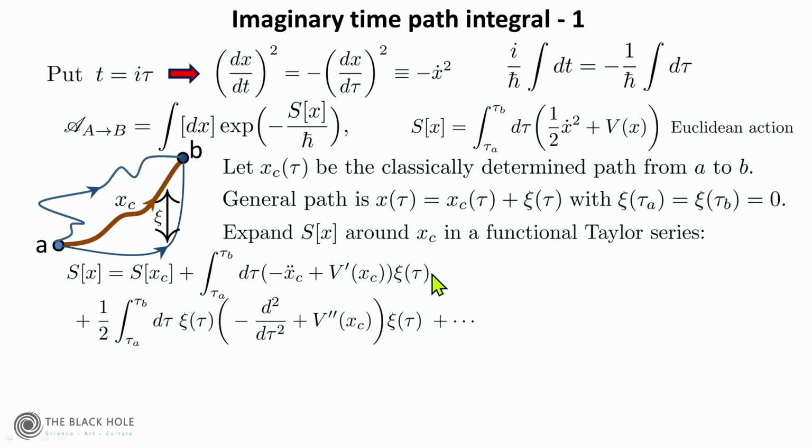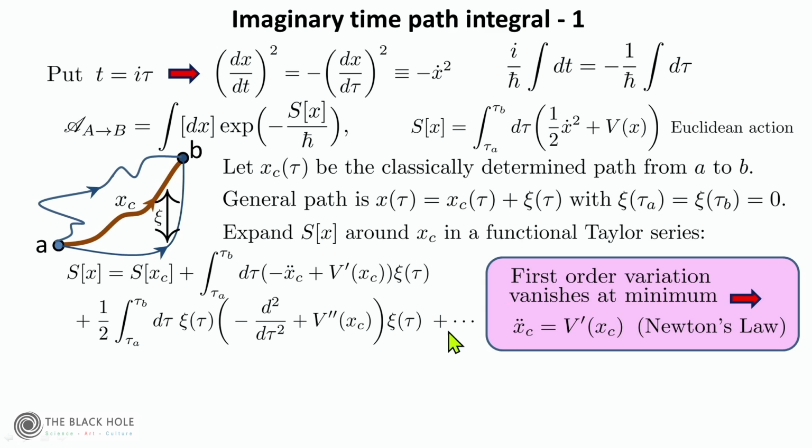So this is the small deviation away from the classical path. Then this is the 2nd order. So there are 2 deviations, what we call delta x and delta x again. And you can check this by simply computing the functional derivatives and verifying that this is indeed what the expansion of the action about the classical path is.